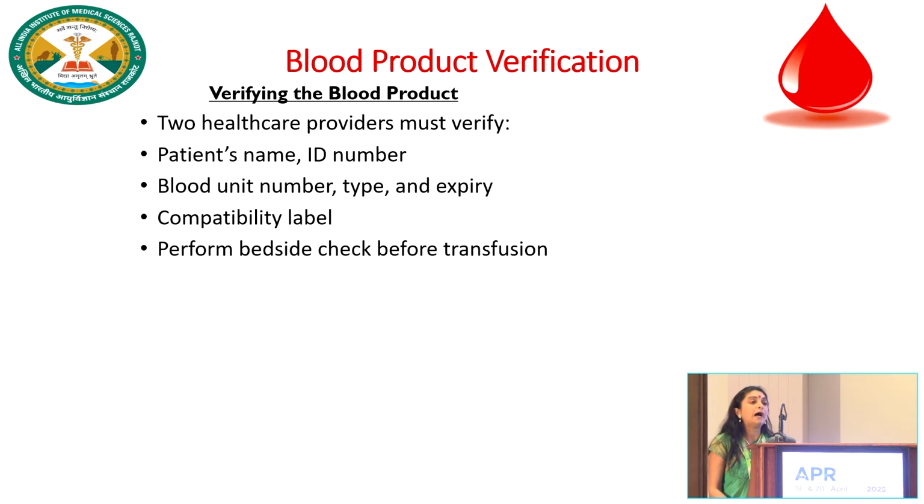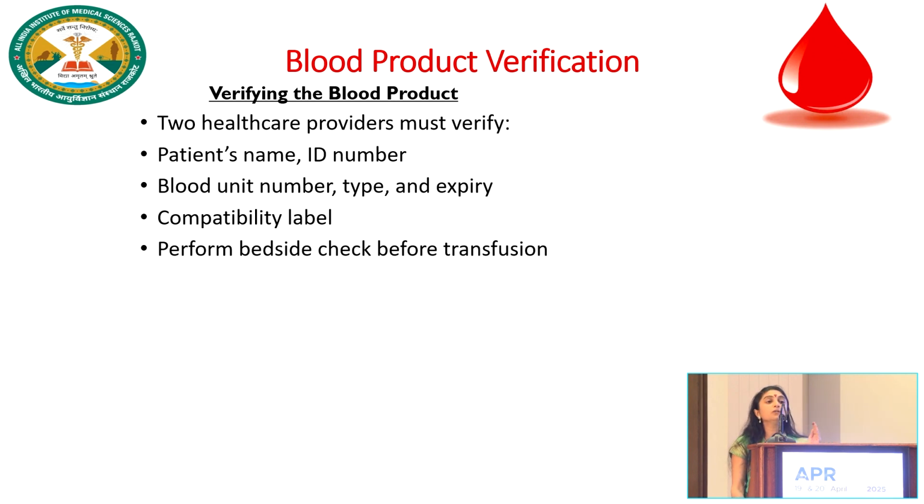Ideally, in order to verify any blood product, we would suggest not one but 2 healthcare providers should do that: patient name, ID number, blood unit, expiry. Sometimes we get queries from clinicians saying that the platelets which you have issued are expiring today. The day of collection of platelets is considered as day 0.